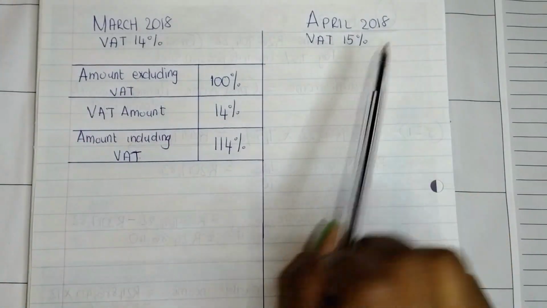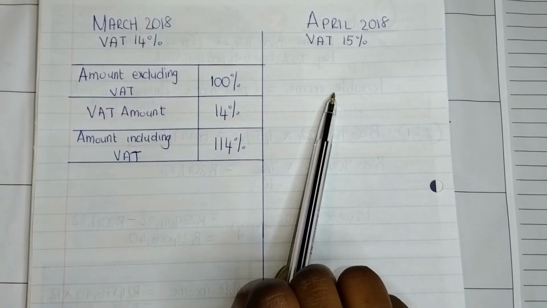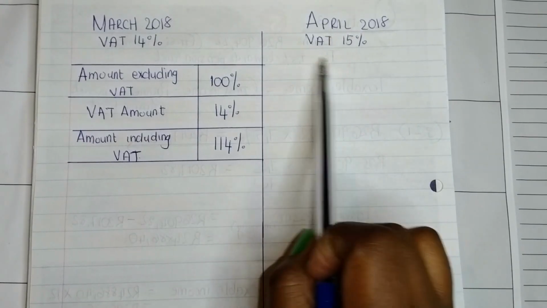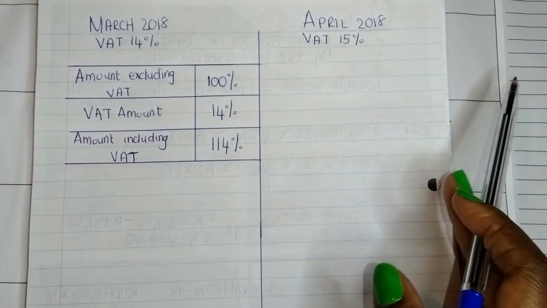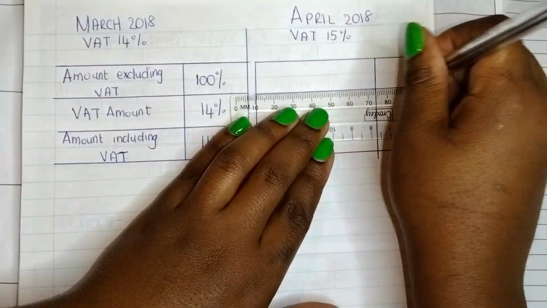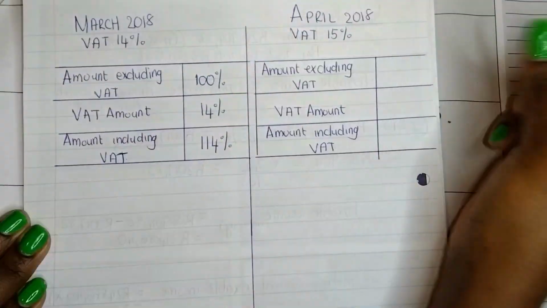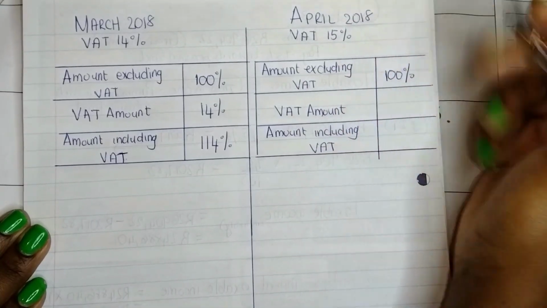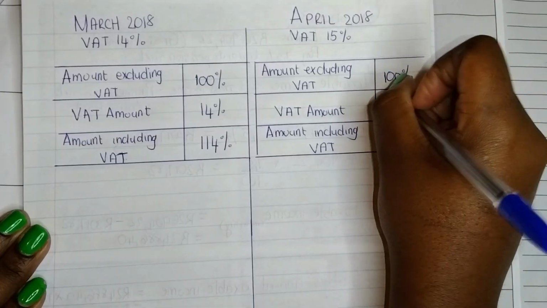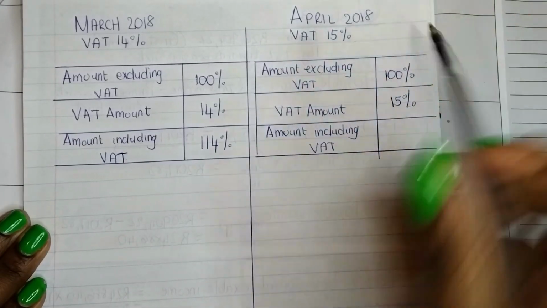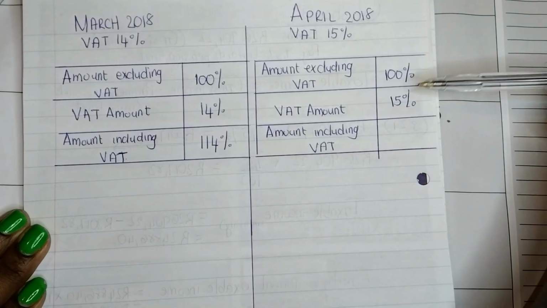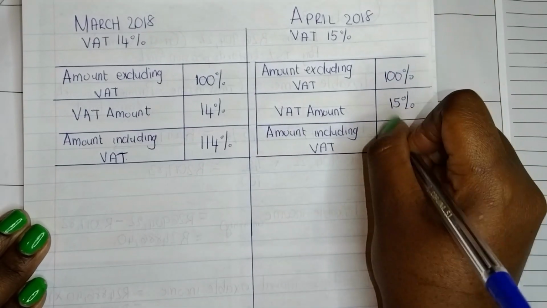We're going to use the same table for April 2018, but the only difference is we're going to be dealing with a VAT amount of 15%. So our amount excluding VAT is always 100%. What is our VAT amount in this case? 15%. And what is our amount including VAT? Our amount excluding VAT plus our VAT amount, which is 115%.